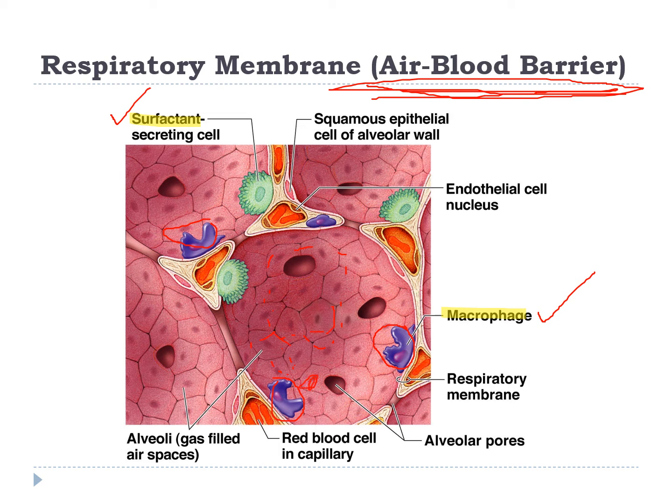If they find a little piece of dust, they surround it and eat it and take it in, chop it up and dispose of it. So we have two cell types in our alveoli that help with our final line of defense. One is the macrophage, that's a cell, and then surfactant, which is actually produced by a surfactant-secreting cell.